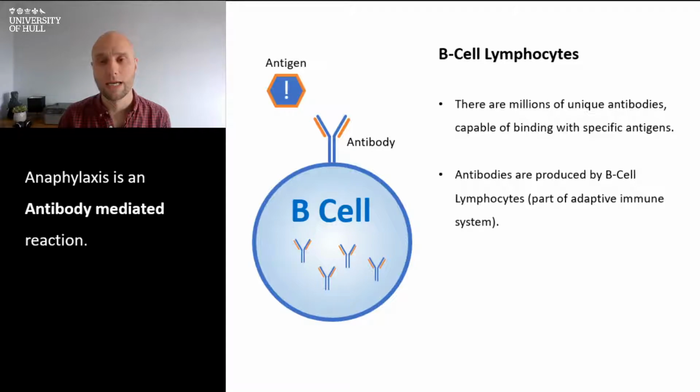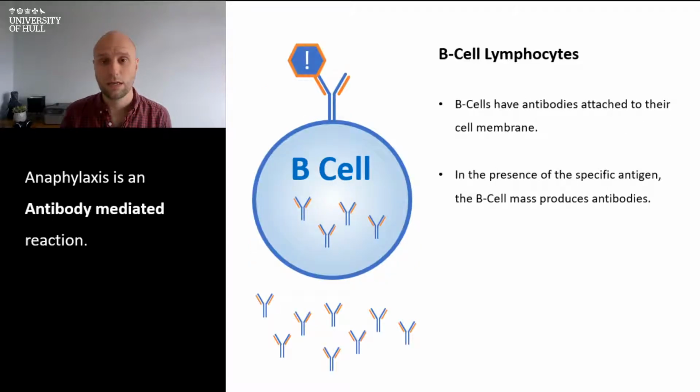B cells have antibodies attached to their cell membranes, and when the specific antibody matches with a particular antigen and those two combine, the B cell produces and releases lots of copies of the particular antibody that is present on its membrane.